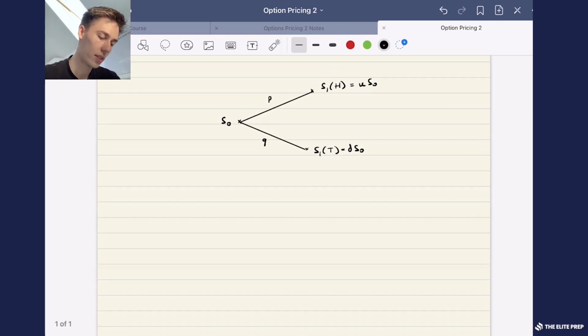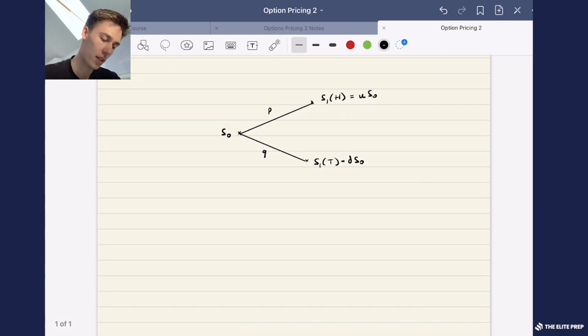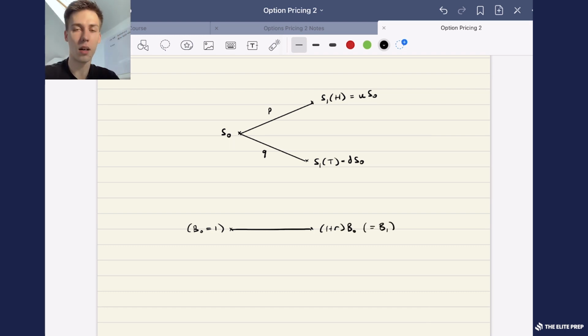In addition to this, we're also going to have a riskless asset which starts with price B0. We're actually going to say B0 is equal to 1, and it goes to (1 plus R) B0, which is equal to B1. R here is just the risk-free interest rate.